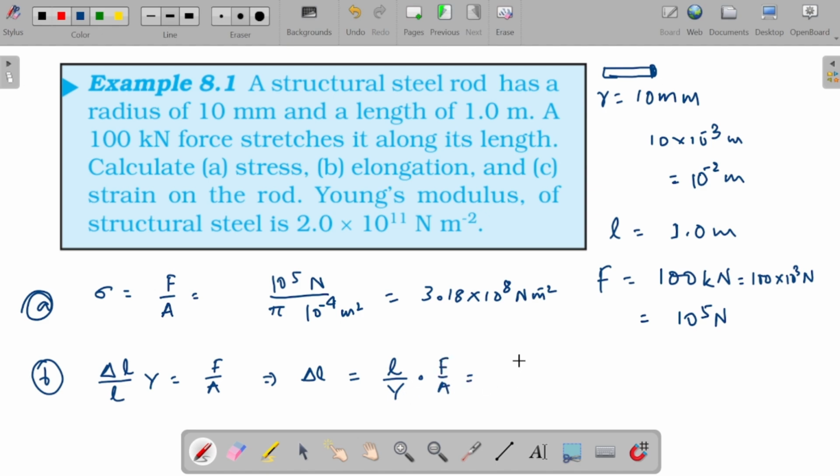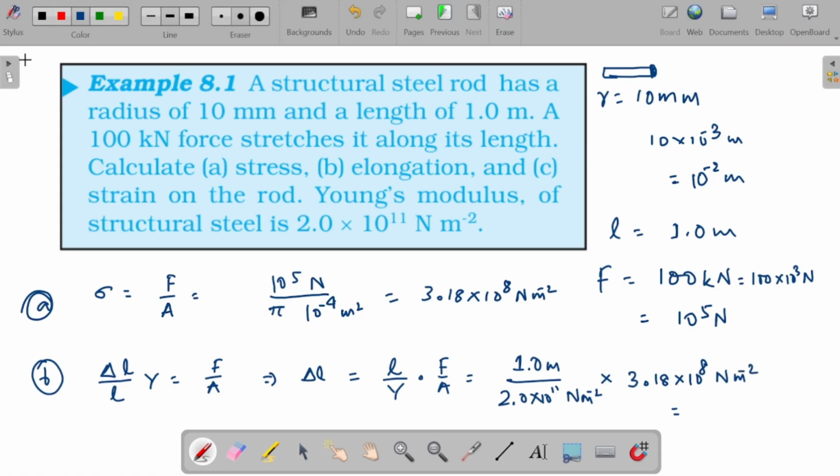L is 1 meter, and Y is given here as 2.0 into 10 to the power 11 Newton per square meter, and then force per unit area, which is stress here, is 3.18 into 10 to the power 8 Newton per square meter.